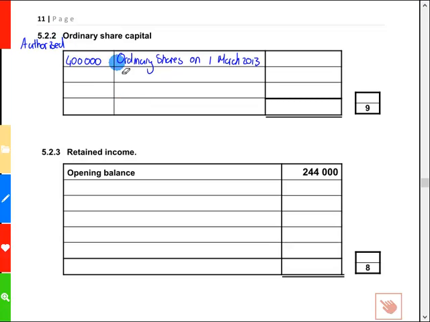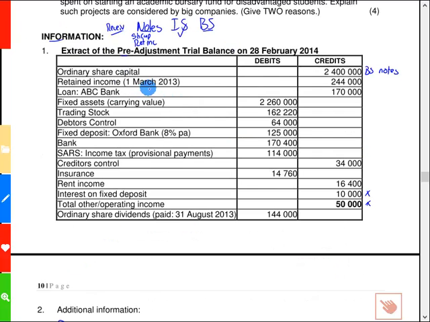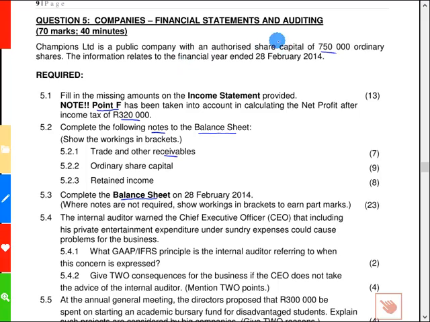Okay. So there wasn't enough space for this note, and there weren't any marks awarded for it, but the number of authorized shares was 750,000 right at the beginning.